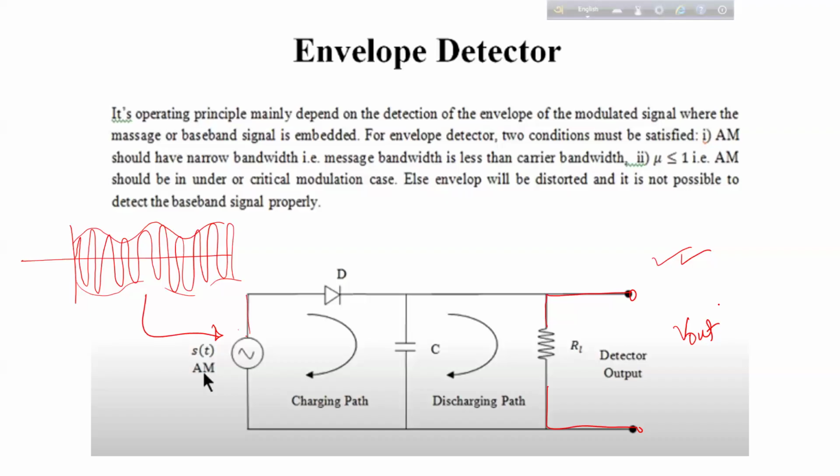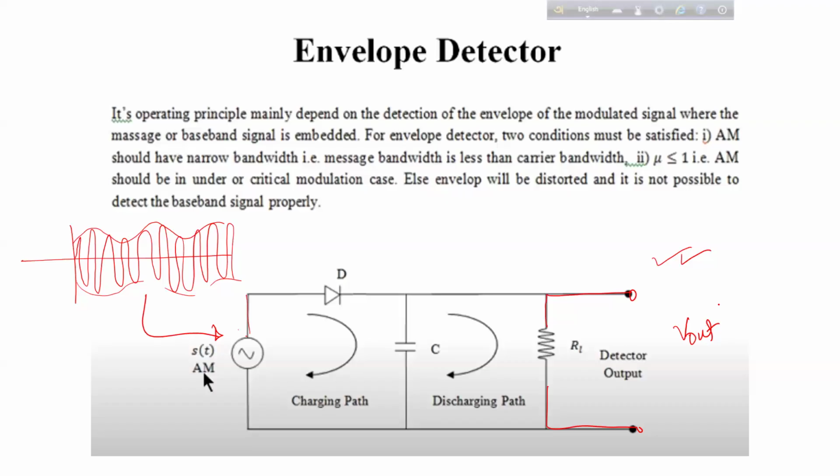For some time, it will work as forward bias. For some time, it will work as reverse bias. Now, if you have a capacitor in your circuit, then you have to realize that this capacitor will charge for some time period and it will discharge for some time period. Okay. So the function of the capacitor is charging and discharging.